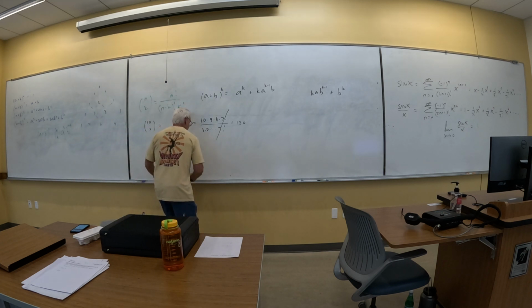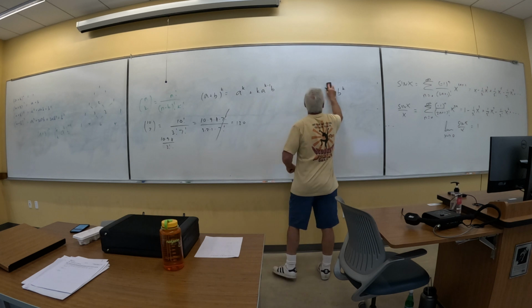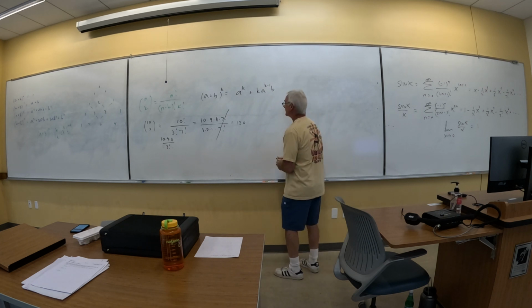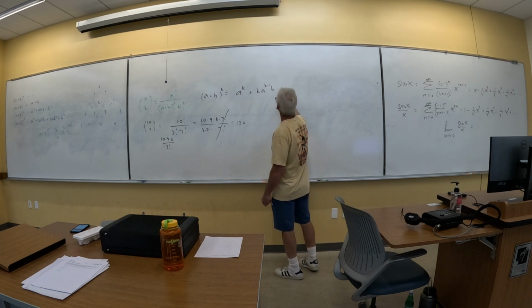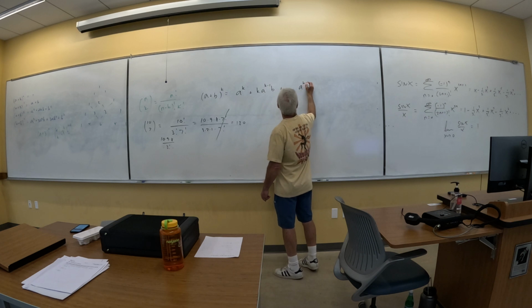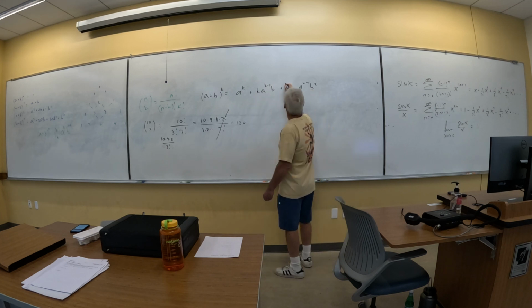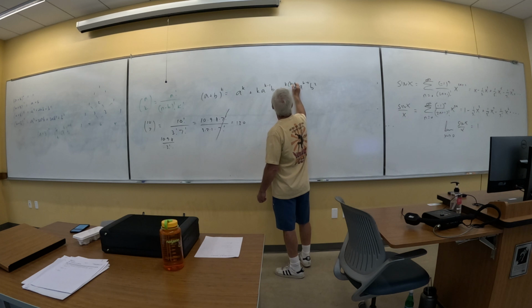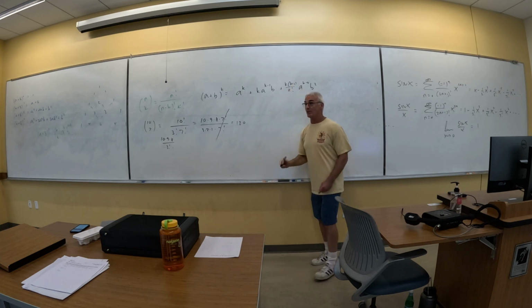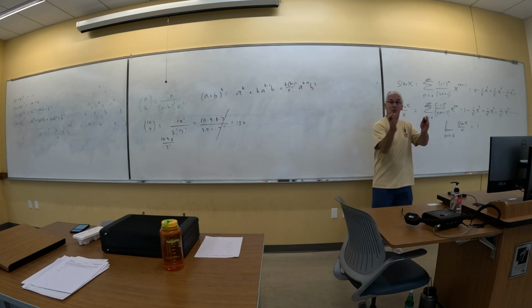So here's what I want to do. I want to do the same thing here. What's the next term? Isn't it k choose 2? Which would be k times k minus 1 over 2 factorial. Why? Because I then canceled all of the other factorials.